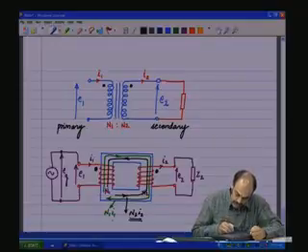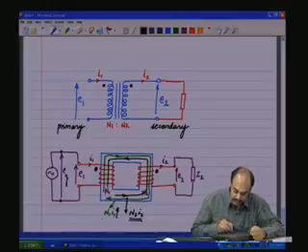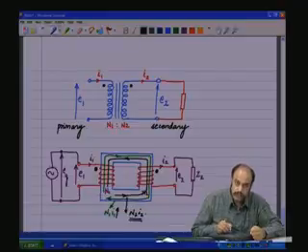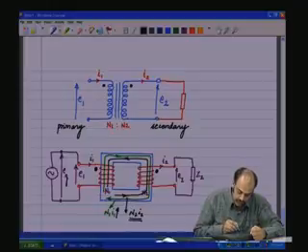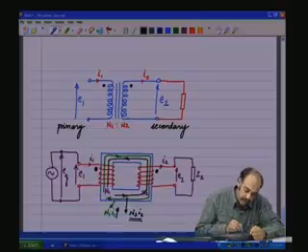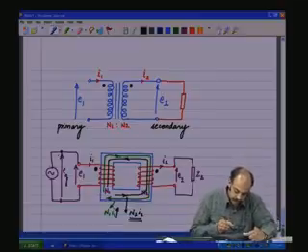So, the current I1 here will increase till N1 I1 balances the cancellation due to I2, N2 I2 that occurred due to the presence of the load. So, which means I1 would have increased such that E1 now matches EG.